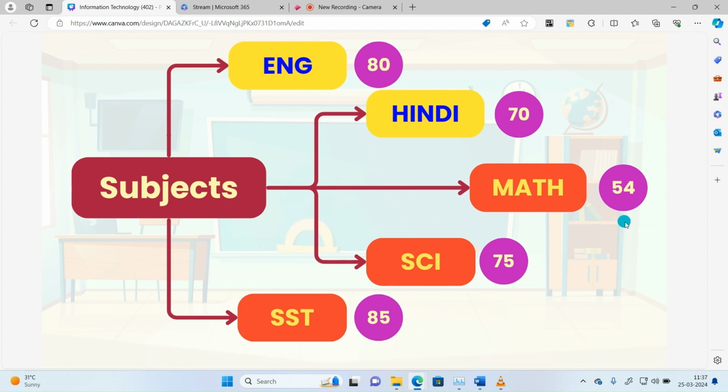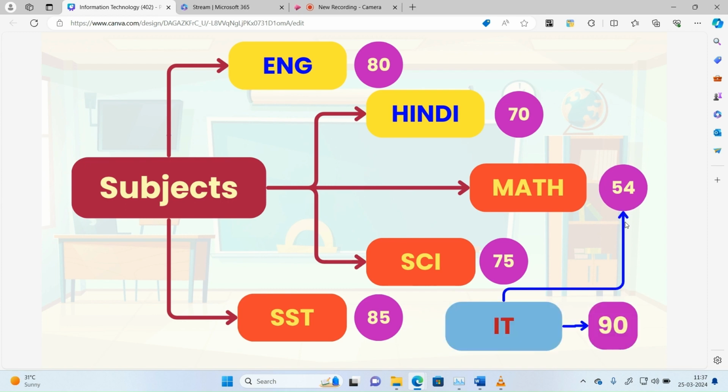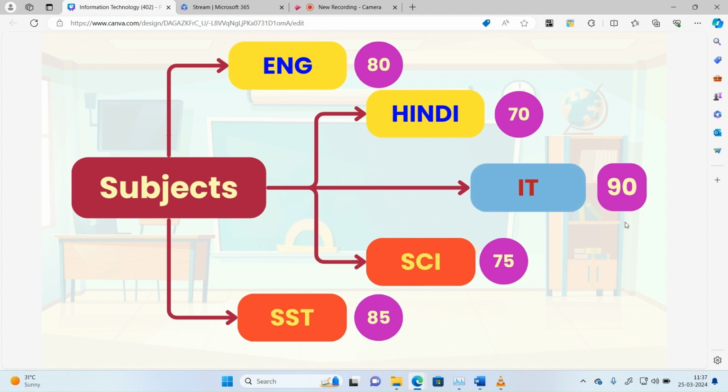No doubt he has passed in the subject, but the marks are very less. And in IT, the student is getting 90. He has done exceptionally well in IT. So now what is going to happen is IT is going to replace the maths marks. So you can see that this is quite beneficial for the student, because he will get a certain boost in his percentage because of IT marks.